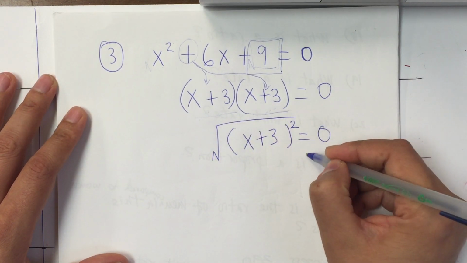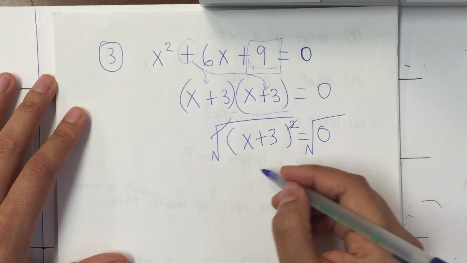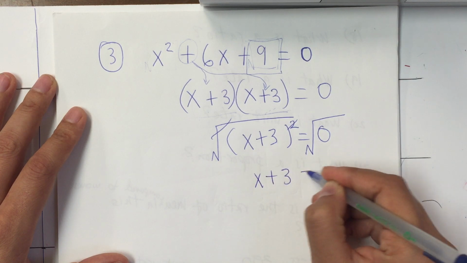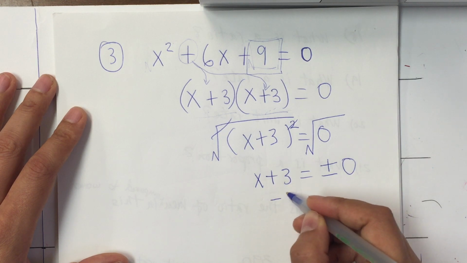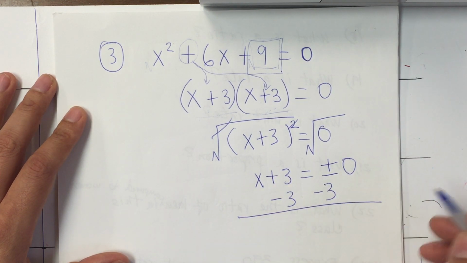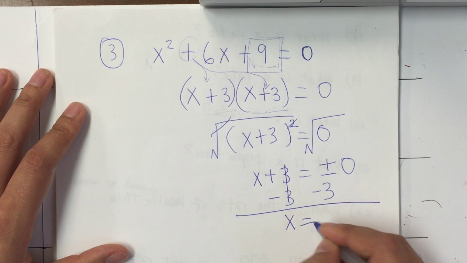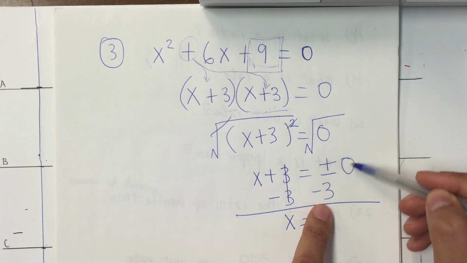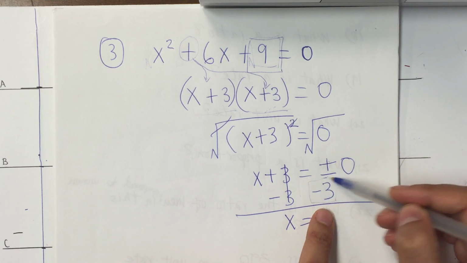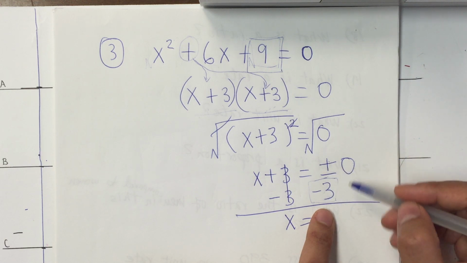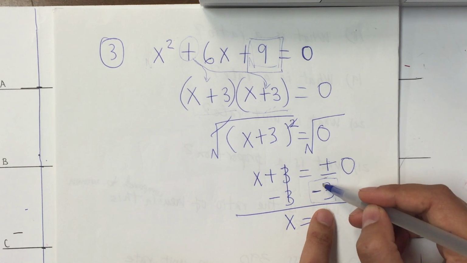Okay, so we take the square root of both sides, and x plus 3 is equal to plus minus 0, minus 3 minus 3, and this cancels, so my x is equal to, again, when you add 0 or subtract 0 from something, you will get that same answer, okay? Because you're adding 0, it doesn't change this. And if you subtract 0 from negative 3, it doesn't change either.